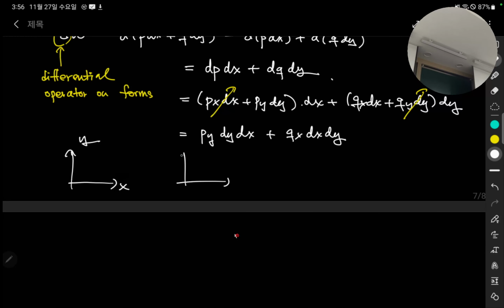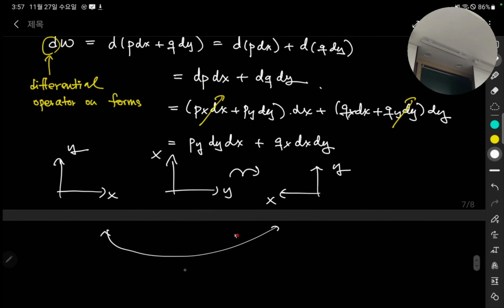But if you look at it the other way around, y x first, then you are looking at the coordinate plane this way. So what's the difference? If you rotate your second picture counterclockwise 90 degrees, then you have x here and y here. So these two images are actually in a mirror relation.